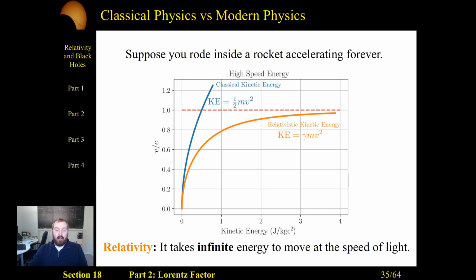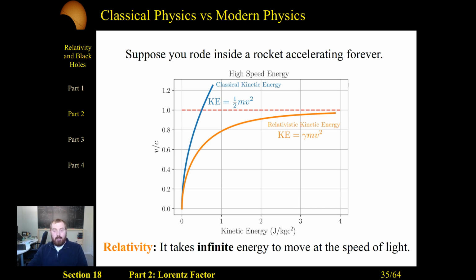And it does not matter. We could pump an infinite amount of energy into this, and we still haven't quite reached an object moving at the speed of light. So the correct relativistic expression for the kinetic energy goes as this weird gamma factor times your mass times the square of your speed.